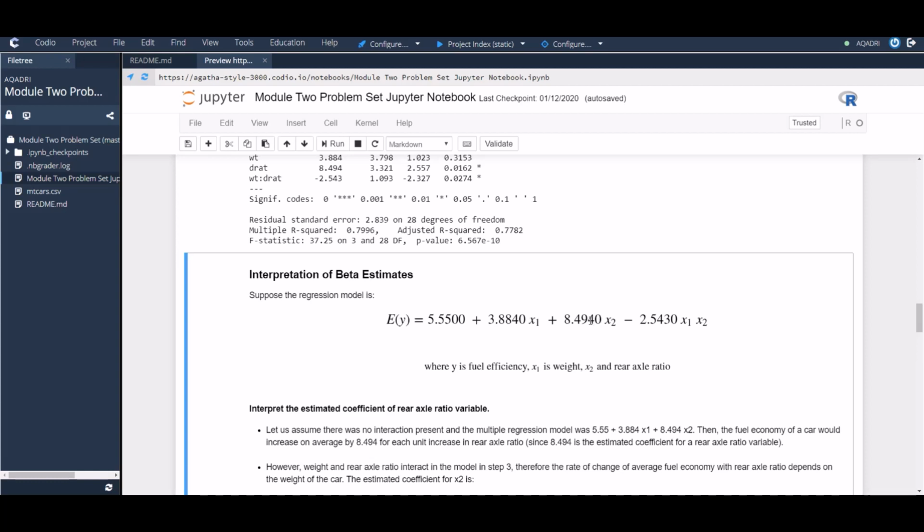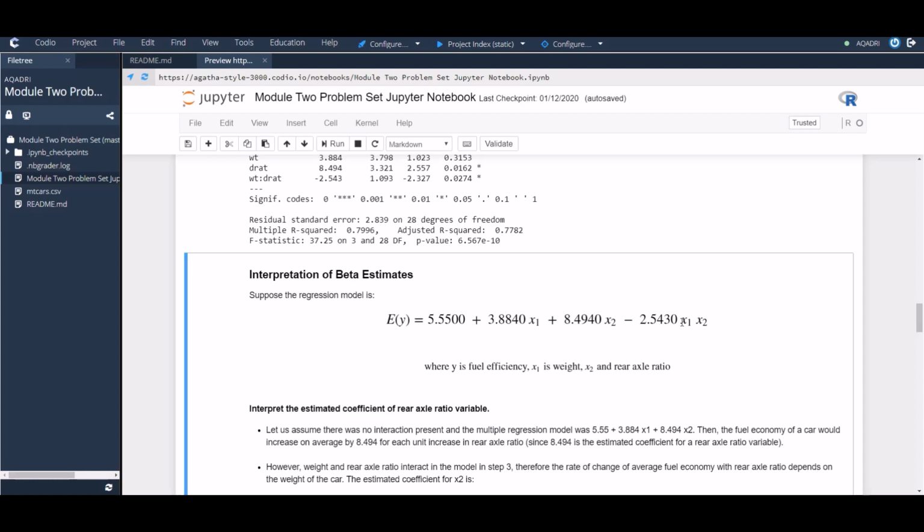That's what we discussed last week. And I'm talking in terms of units here. Please make sure when you interpret the beta estimates that you use the appropriate terms here. For example, weight would be measured in pounds. Fuel economy is measured in miles per gallon, and so on.